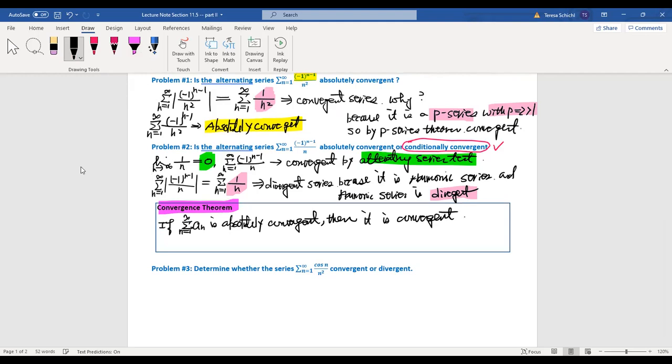This is in fact pretty easy to prove, because a_n is always less than or equal to the absolute value of a_n.